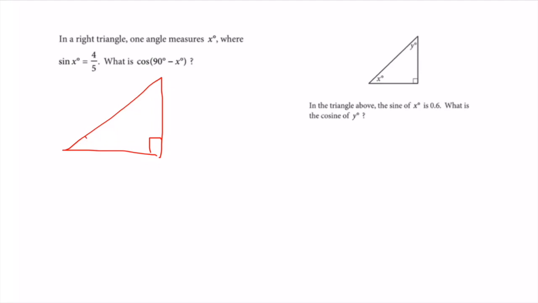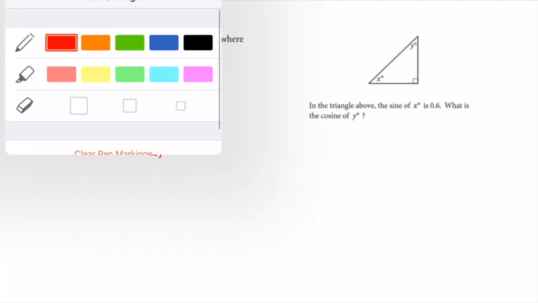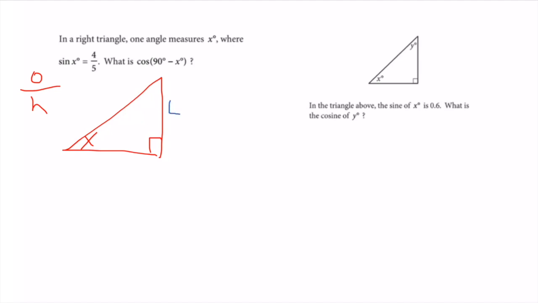I'll say this is x. Sine again is opposite over hypotenuse, so the opposite here is 4. The hypotenuse here is 5. From those triples that work out, I can assign this to be 3 just in case I need it.